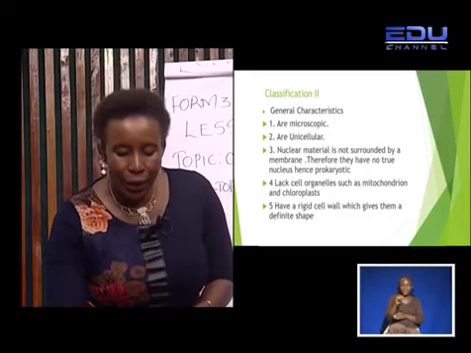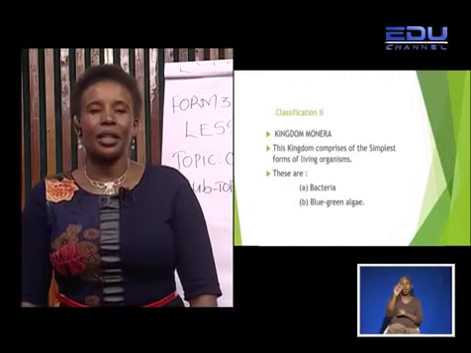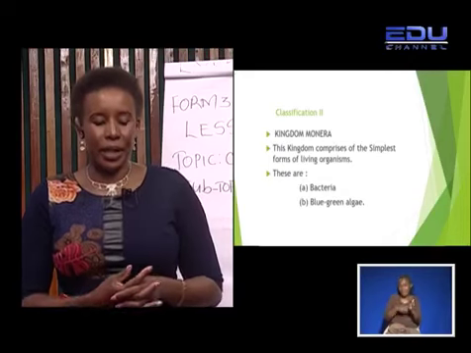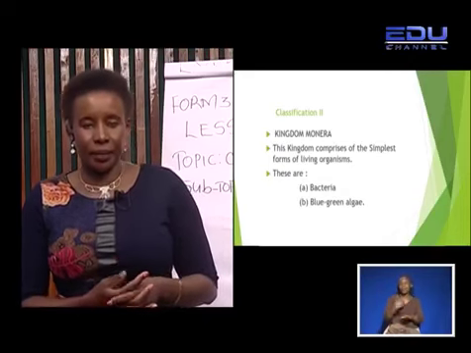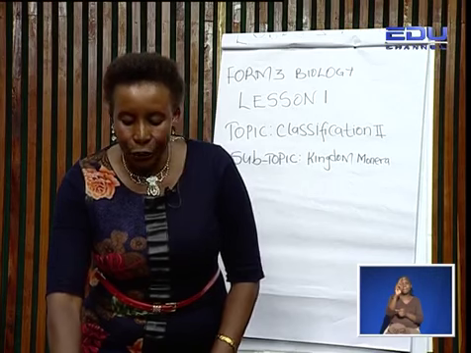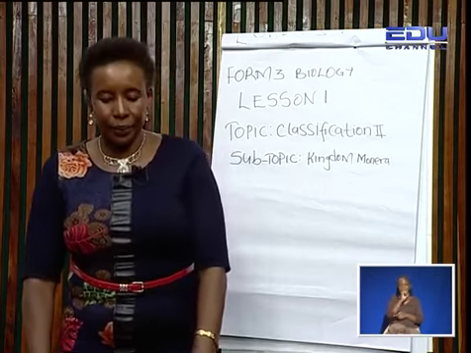And the reason why I've said that these organisms are unique is because the second example there is blue-green algae. I will explain why blue-green algae is a unique living organism that belongs to this Kingdom Monera, though we are saying that these organisms lack chloroplast organelles.